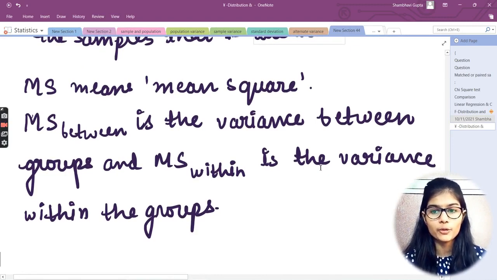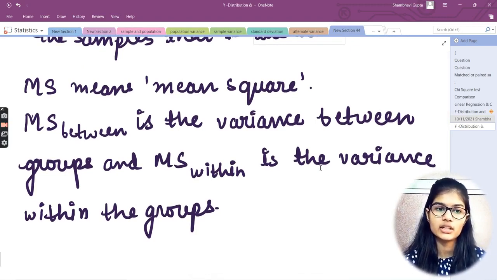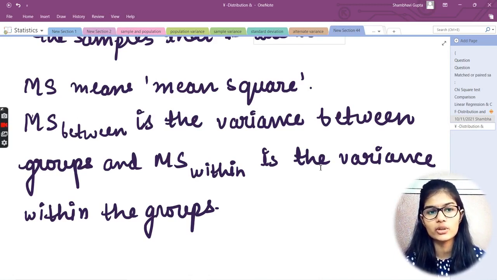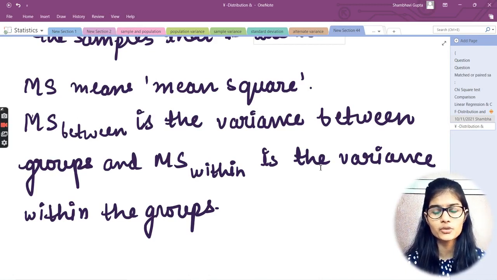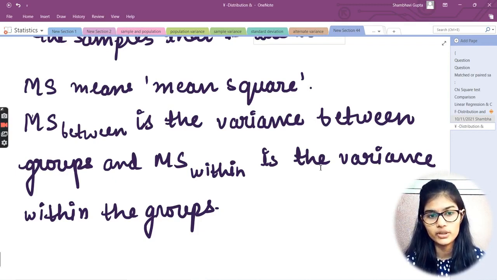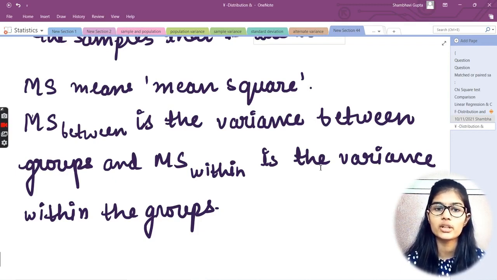So I hope I am very clear with the definitions, what these SS and MS are, and how to categorize them between within and between for both of these. What is the meaning of sum of squares? What is the mean of squares? I hope all of these things are very clear to you.